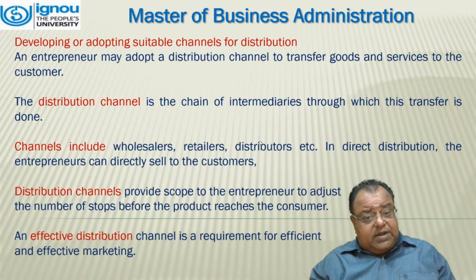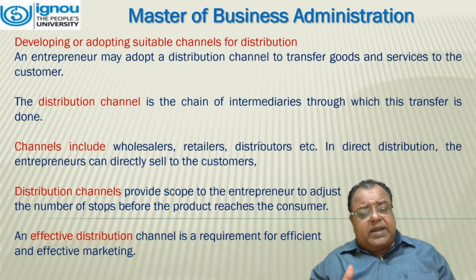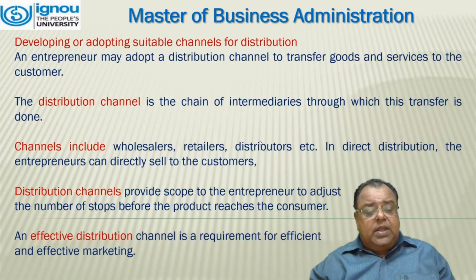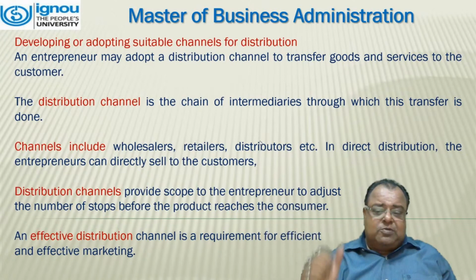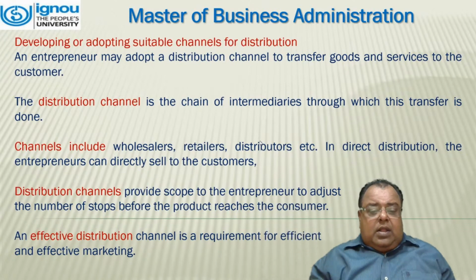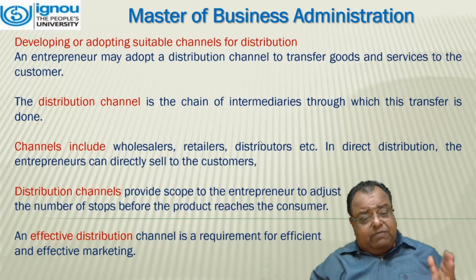Channel includes wholesalers, retailers, distributors, etc. And in direct distribution, the entrepreneurs can directly sell to the customers. Distribution channel provides scope to the entrepreneurs to adjust the number of stops before the product reaches the customers. An effective distribution channel is a requirement for efficient and effective marketing.